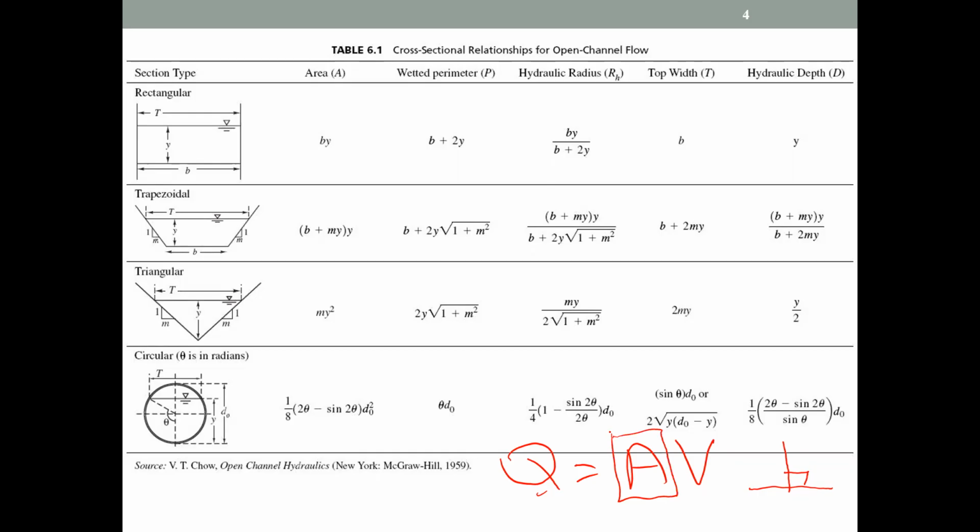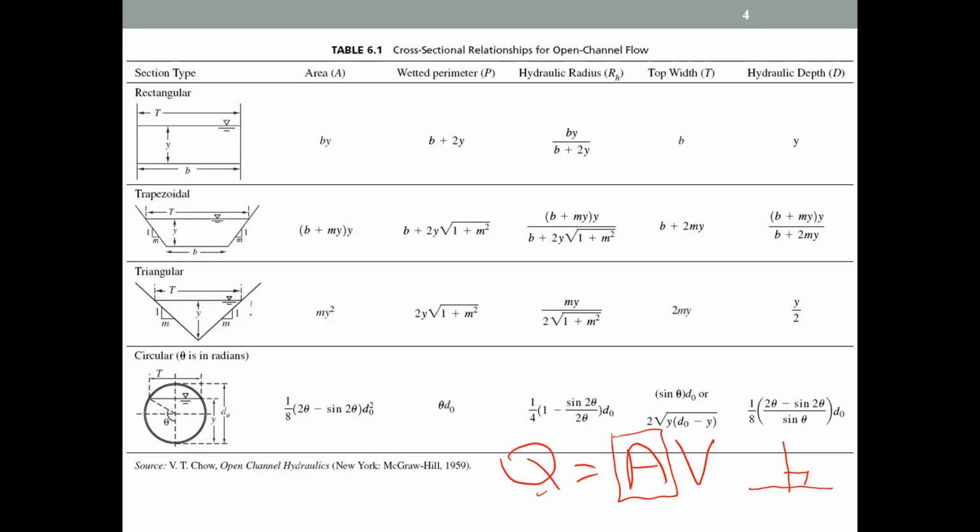So the cross-section area for different cross-sections are like this. These are the most common cross-sections that we use in the field, right? It can be a rectangular channel, or the trapezoidal channel, triangle, or a circular channel, right? Circular channel, in fact, is more like the pipe flow. But what is the difference here?